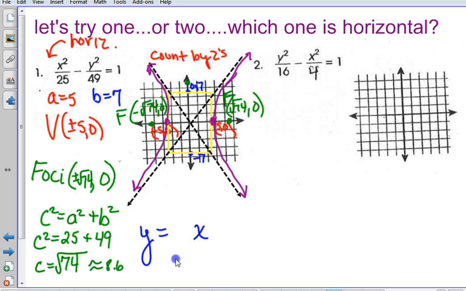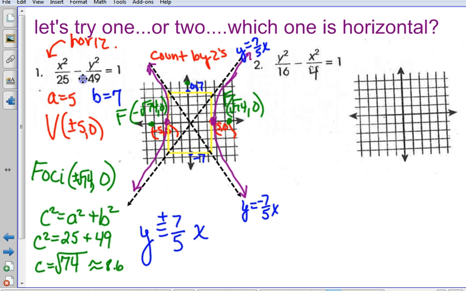What is the slope? It went up how much and over how much? Went up 7 and over 5. And one is positive and one is negative. This one has an equation y equals 7/5 x. And this one has an equation y equals negative 7/5 x.